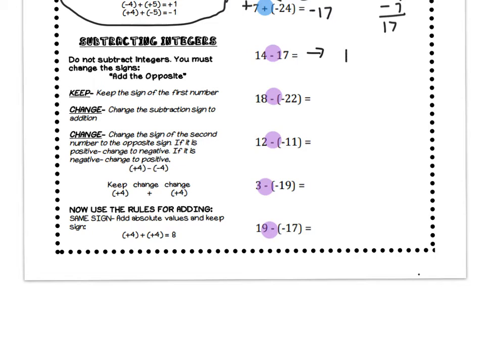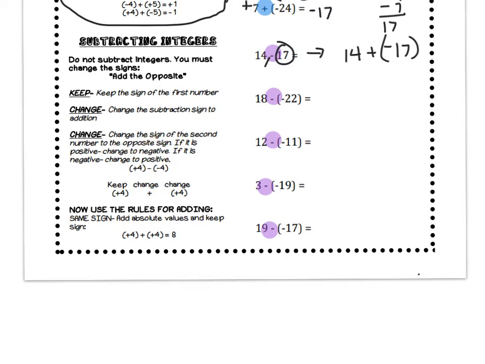So I have 14 plus, so I took care of this one. This is a positive 17, so that would be a negative 17 plus the opposite. So if you look over here, it says keep the sign of the first number, change the subtraction sign to an addition, and then change the sign to its opposite.